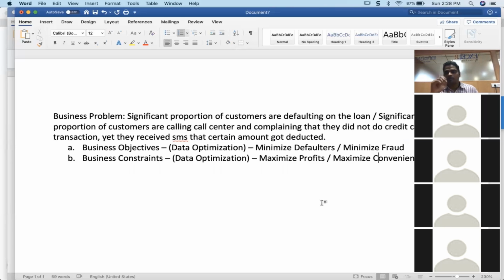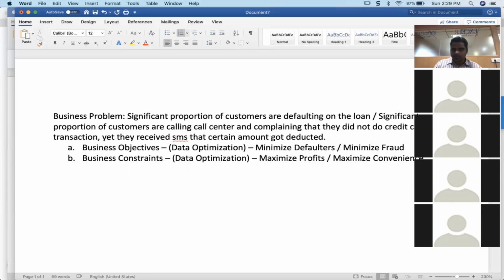Very challenging problem to solve. Agree? So, first thing is understand the business problem. Understand the business objectives. Understand the business constraints. Document it. Get it approved, reviewed, signed, whatever it may be. Then move to the next step. Am I making sense? Is that clear with respect to step 1?